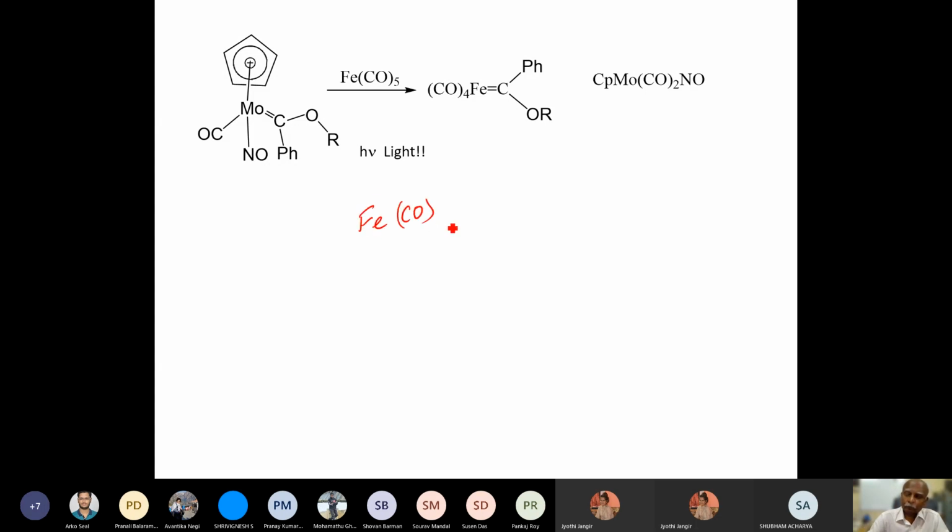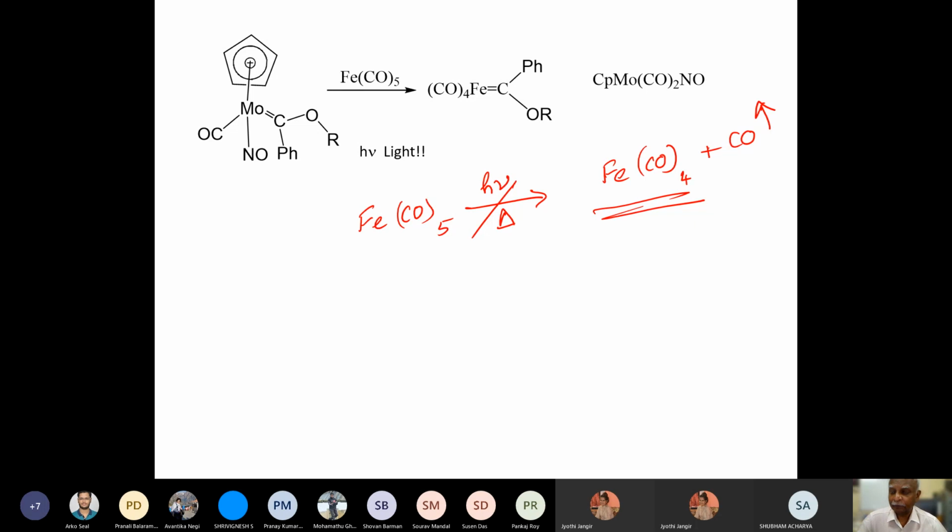FeCO5, if you heat it or if you shine light on it, you would form FeCO4. Now, this being a coordinatively unsaturated species seems to be able to grab a carbene from the molybdenum onto the iron.